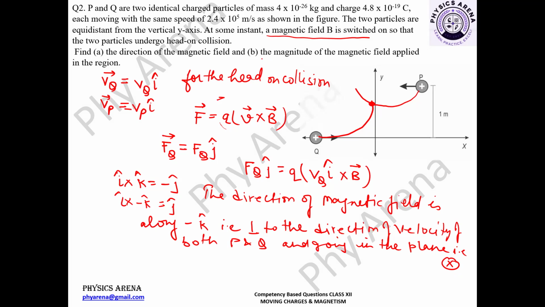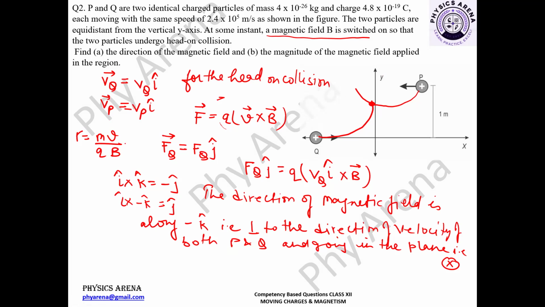Now in the second part, we need to find the magnitude of the magnetic field applied in the region. That can be obtained with the formula R is equal to mv upon qB. We know the radius of the circular path followed by the charged particle when it is subjected to a magnetic field is given by this formula.